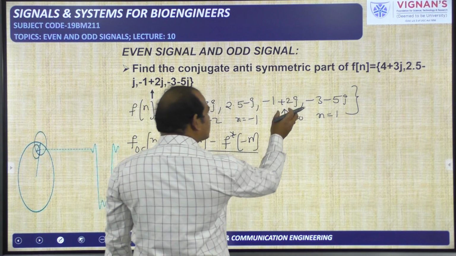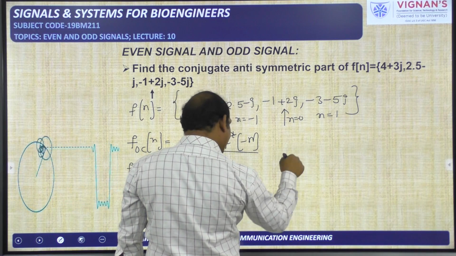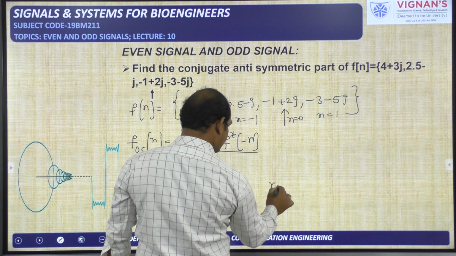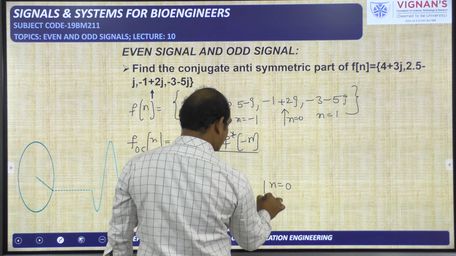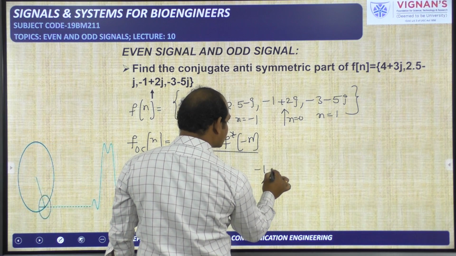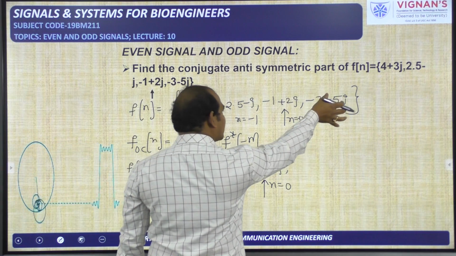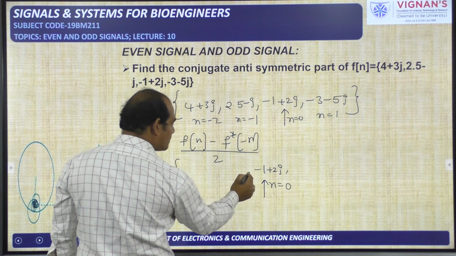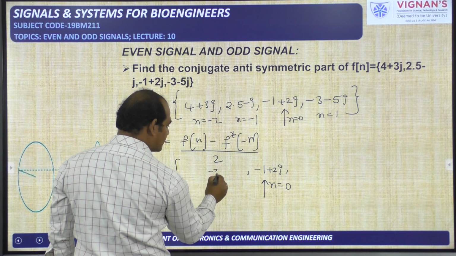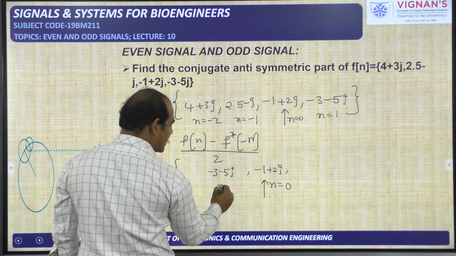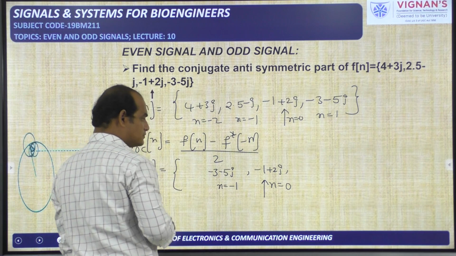So the sample at n is equal to 0 will be at n is equal to 0 only. That is minus 1 plus 2j. The sample at n is equal to 1 will be at n is equal to minus 1. So I am writing here minus 3 minus 5j. This is n is equal to minus 1.